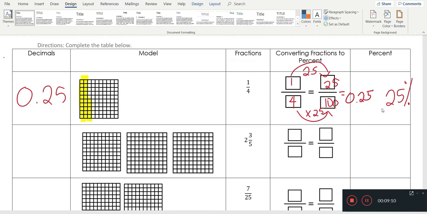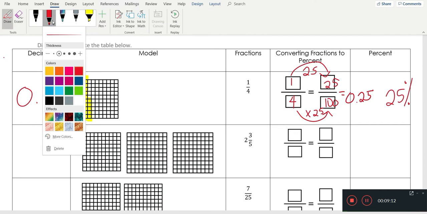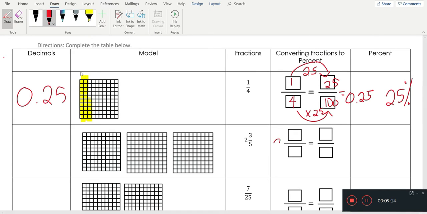Okay, we have now here 2 and 3/5. We have 100 here. How many 5 in 100 times what? Awesome, times 20.